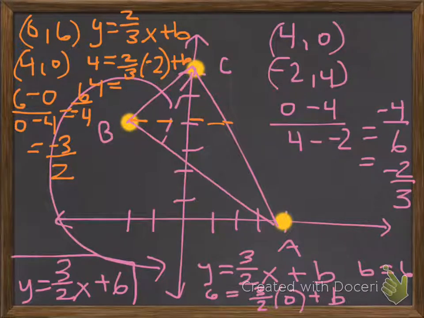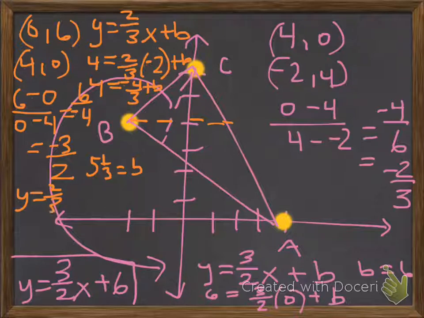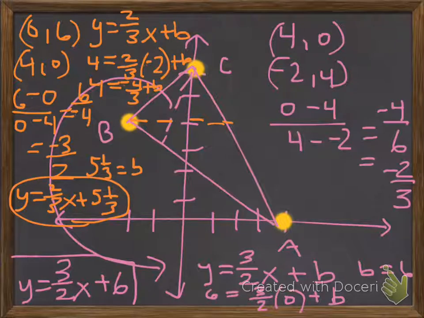So 4 equals negative 4/3 plus b. Negative 4/3 is the same thing as negative 1 1/3. So if I'm adding it to the other side, that's going to give me 5 1/3 for b. So my equation would be y equals 2/3 x plus 5 1/3. And that is for the orange altitude.